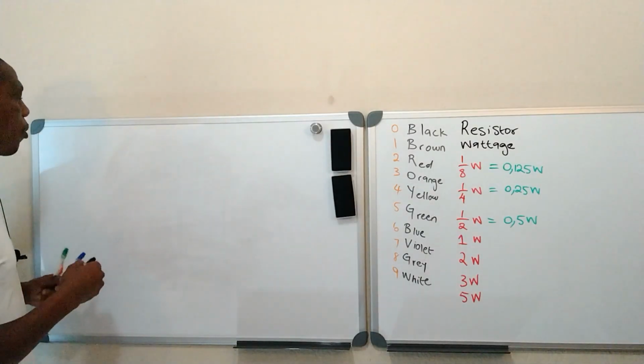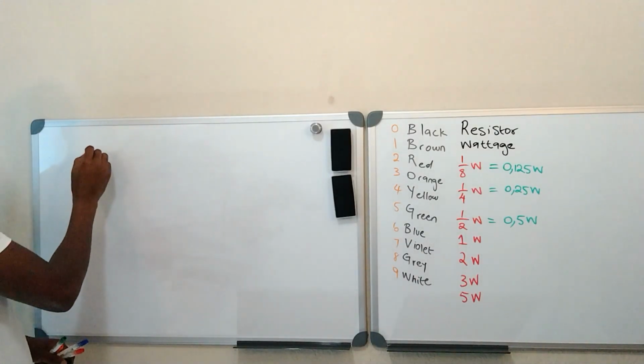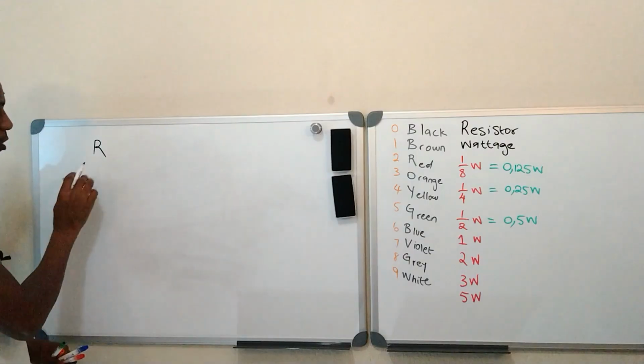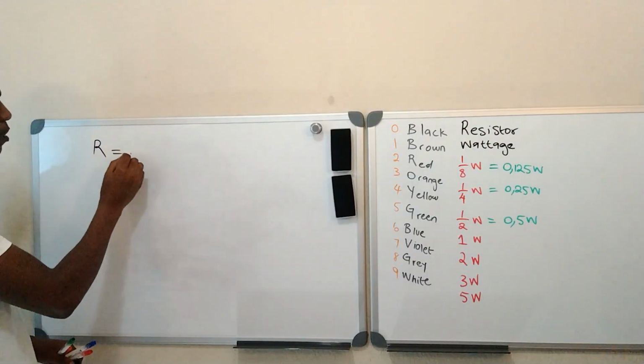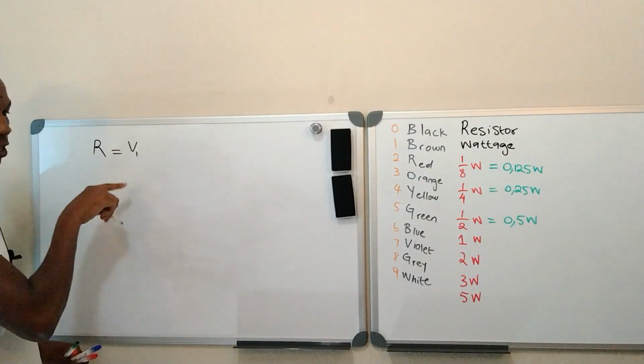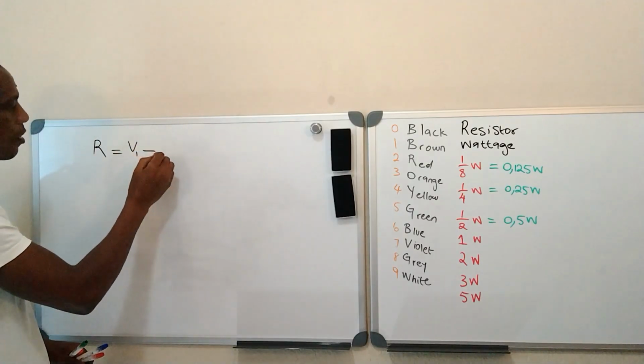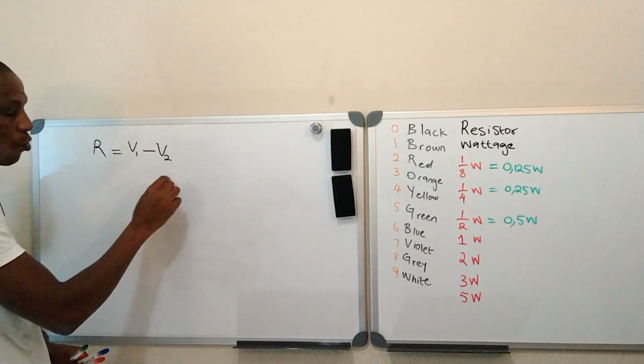We will use the law called Ohm's law. The opposing pressure, which is the resistor, is equal to the input pressure, which is 5 volt, minus the output pressure, which is 2.2 volt.